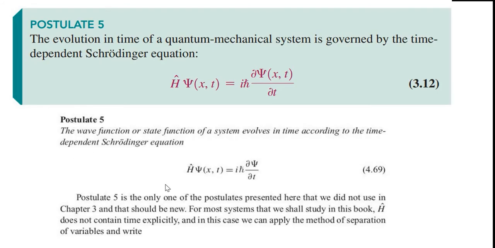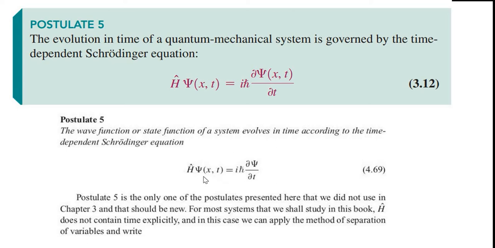You see the last line, that we can apply the method of separation of variables and write. Separation of variables is a method very frequently used in differential equations in mathematics. It's a standard way of solving. If H hat itself is time independent, then we can apply the separation of variables method. Variable means here x is one variable and t is another variable.